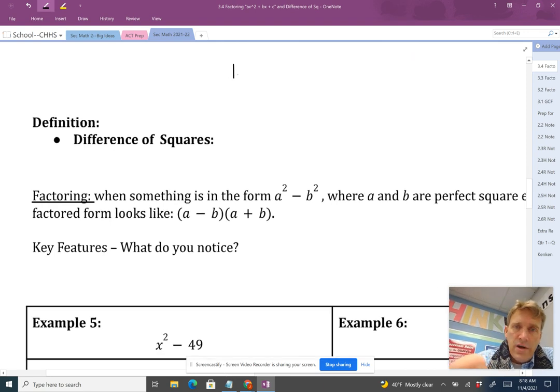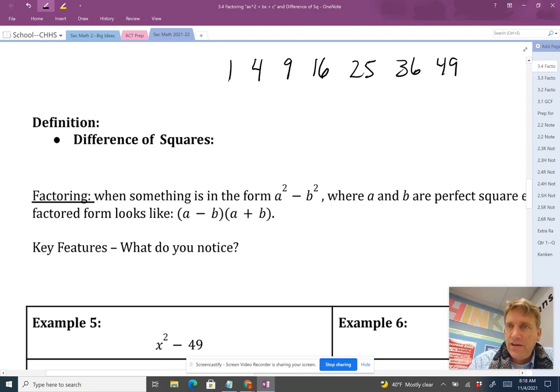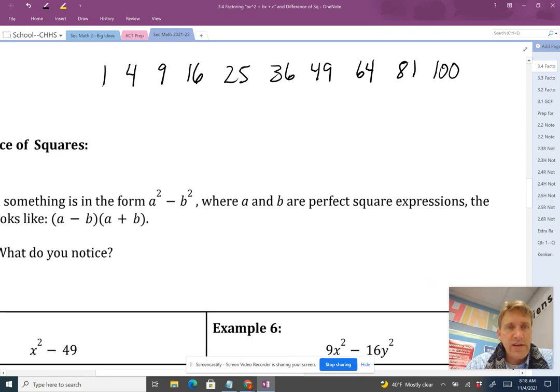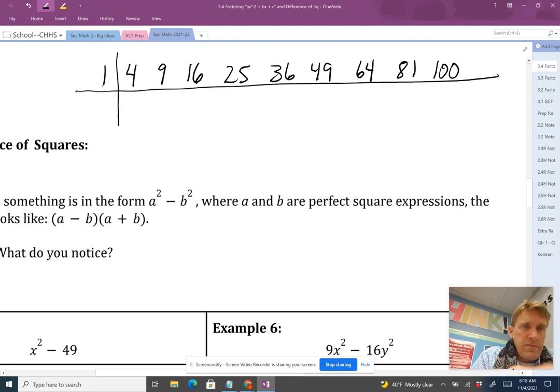Write down 1, 4, 9, 16, 25, 36, 49, 64, 81, 100. Now I hope that those numbers look very familiar to you and that you recognize what their significance is. But I'm going to make a quick table with them.